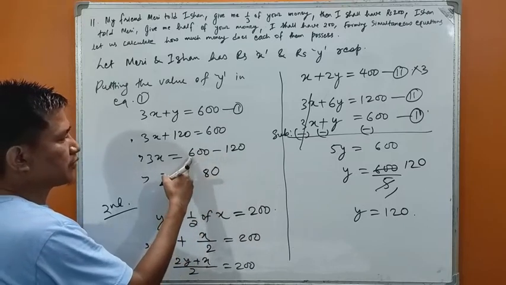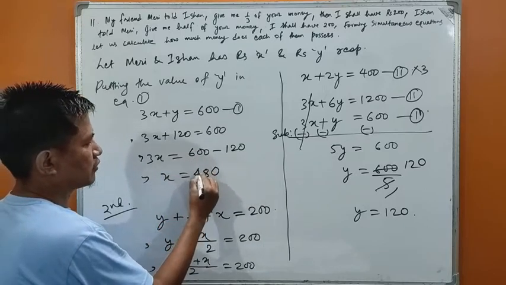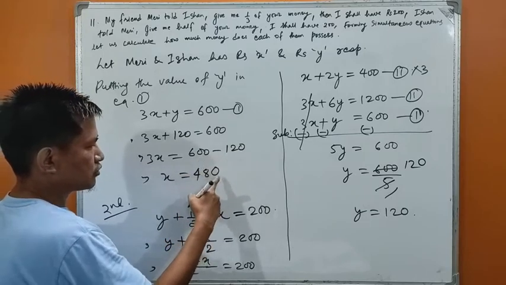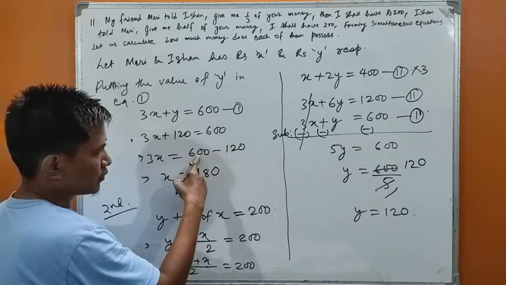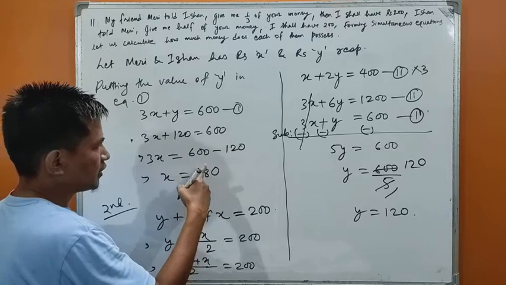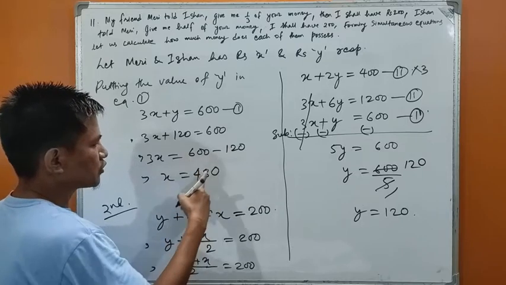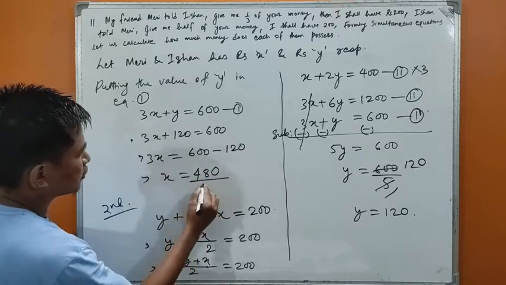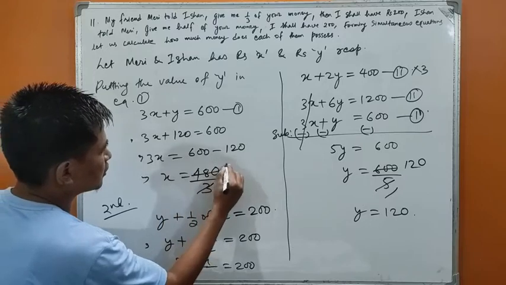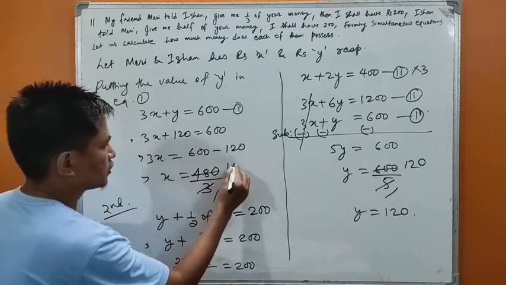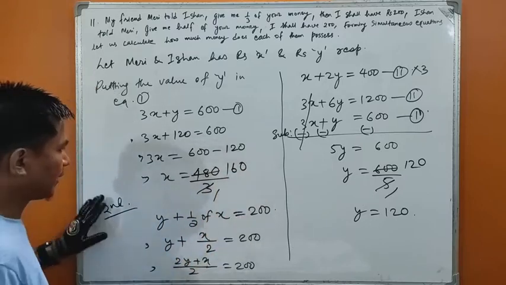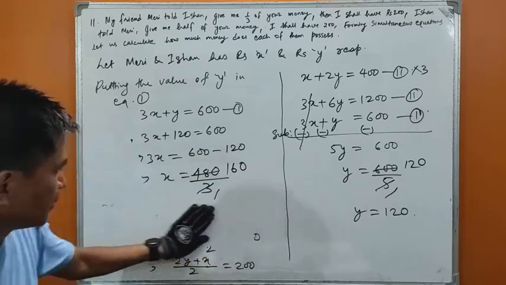Okay, this becomes 5 now. 5 minus 1 is 4. Are you getting me? This 3 comes in the denominator, so x equals 480 upon 3. 3 ones are 3, 3 sixes are 18, so x is 160. So x is the total money of Mary, isn't it?